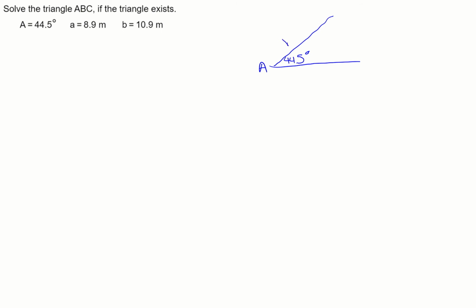So we can just put b equals 10.9 meters here. So this is a scenario where we know two sides and an angle that is not between them.